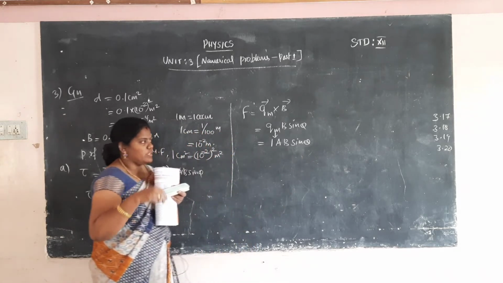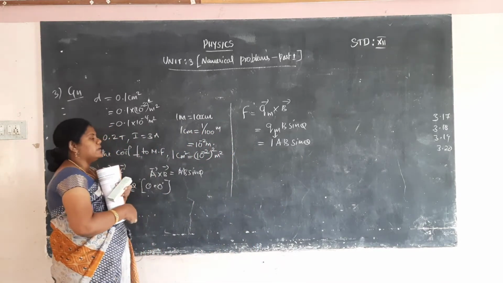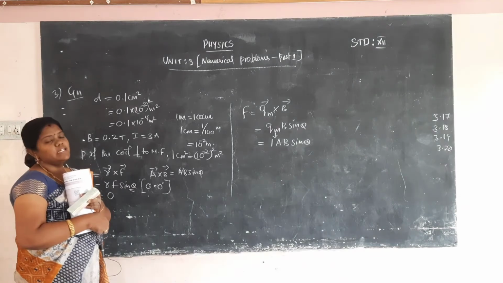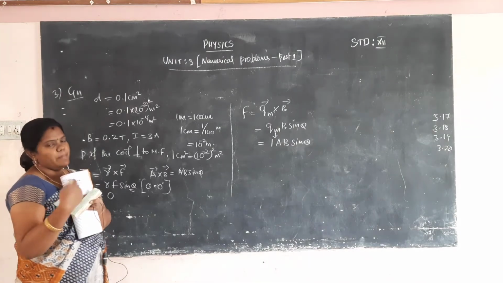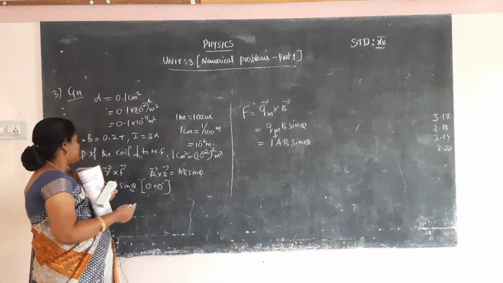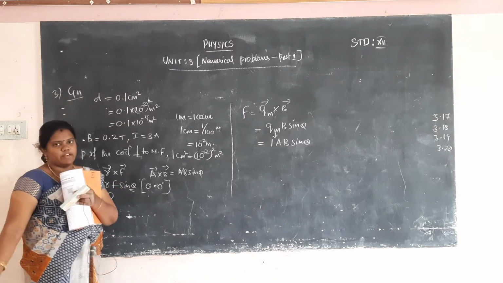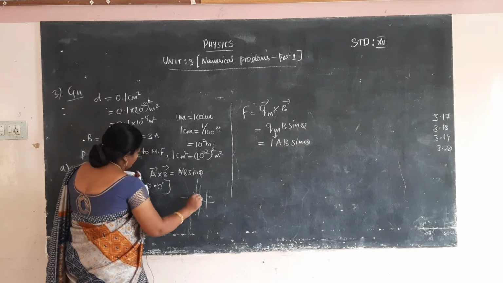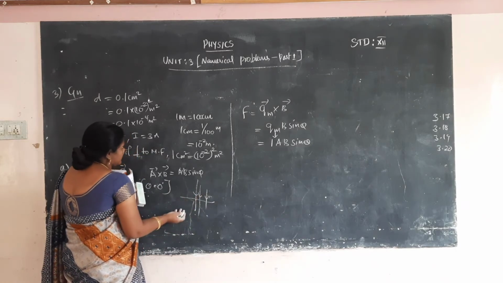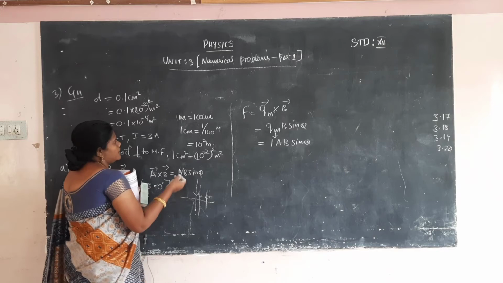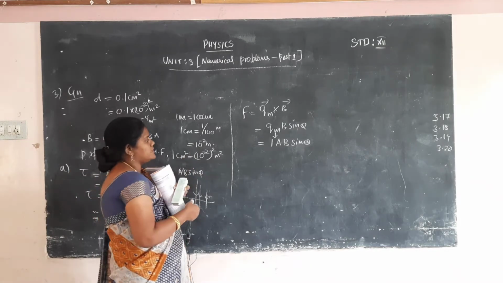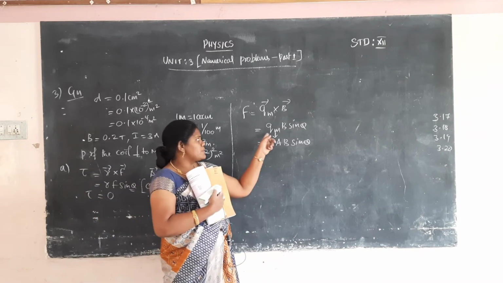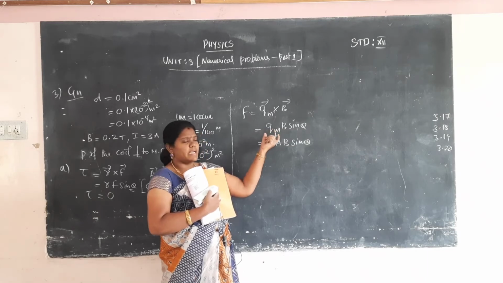Now again we have to consider the current flowing on the area of the conductor. It will be parallel along the direction because the plane of the coil is perpendicular to the magnetic field, so the QM cross B, where QM is the magnetic moment.